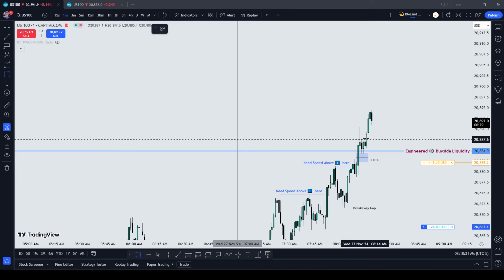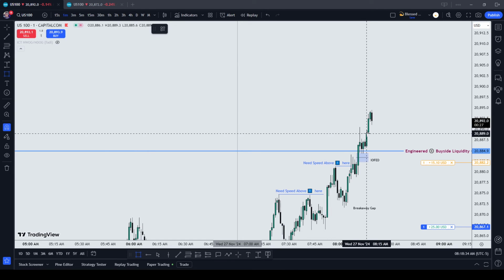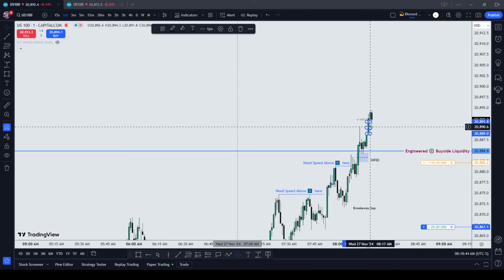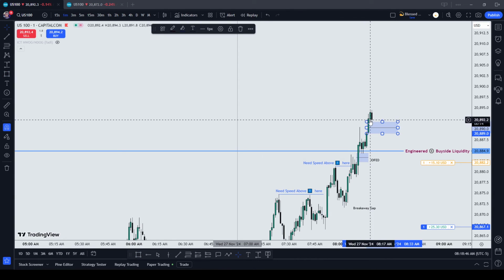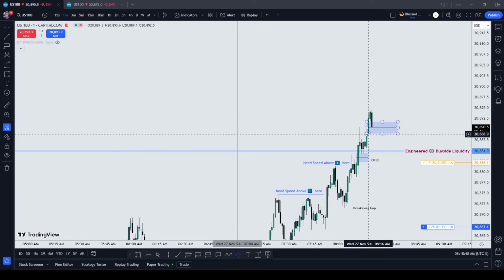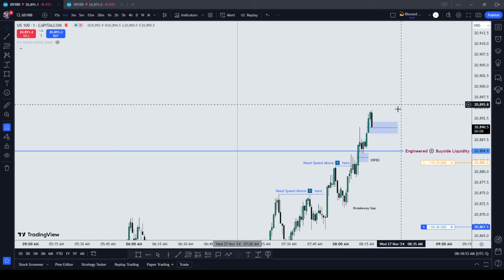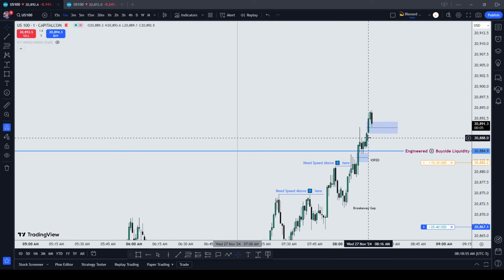So anytime we have a volume imbalance, once we have a volume imbalance right here and we see a fair value gap also form with the volume imbalance, we mark out from the volume imbalance to the high of this candle right here. So we are watching that walk inside it. Can it come back to this second?